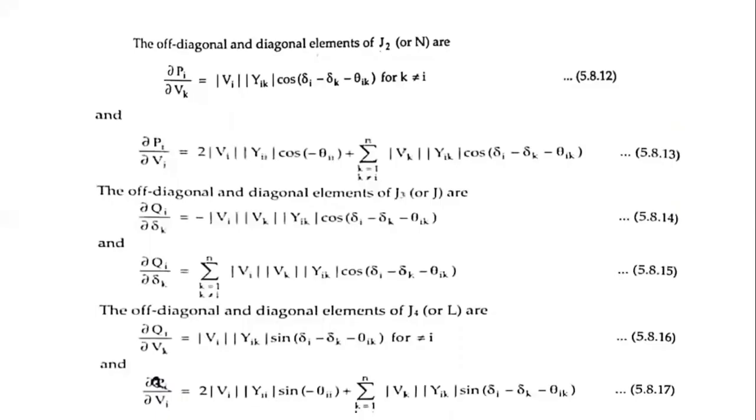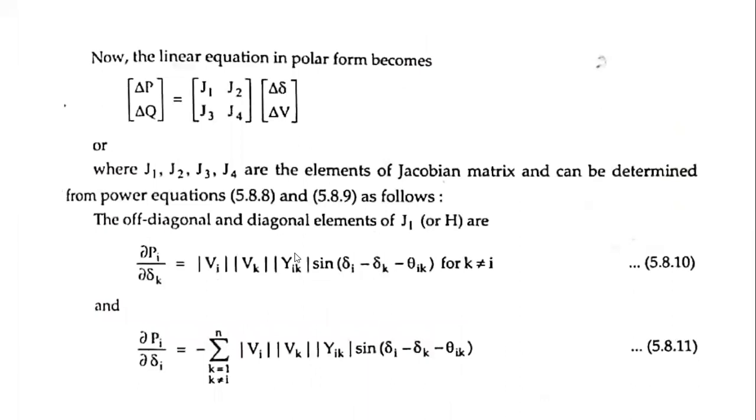These are the Jacobian matrices, J1, J2, J3, J4. Once we observe these equations, we need to remember these formulas, because while remembering these formulas we do the problems related to the Newton-Raphson method.